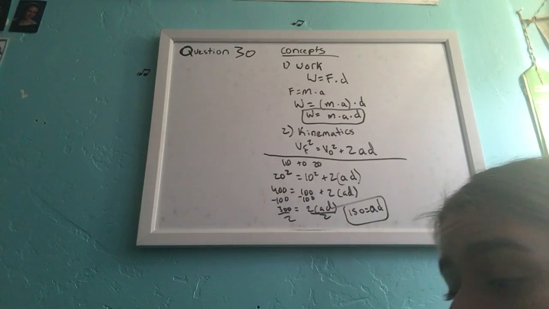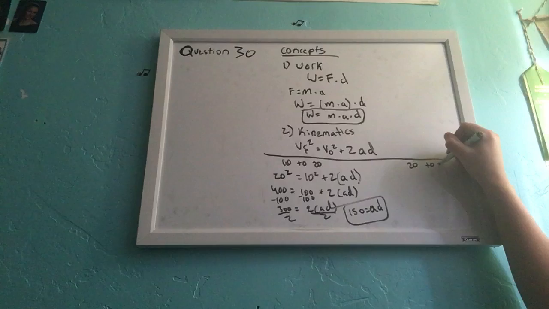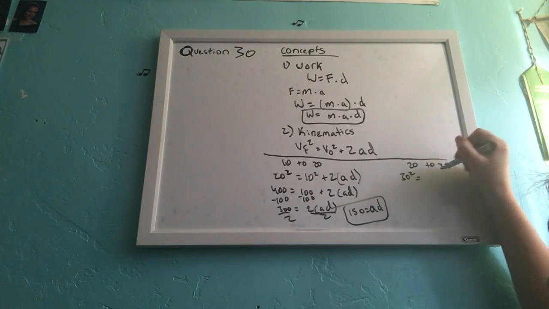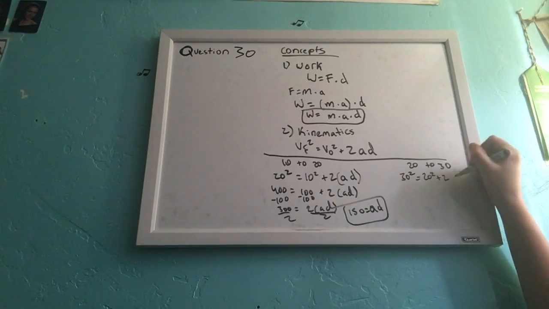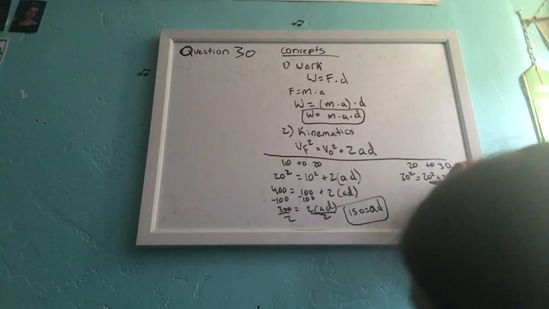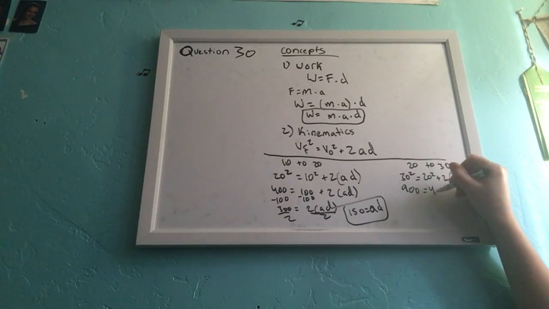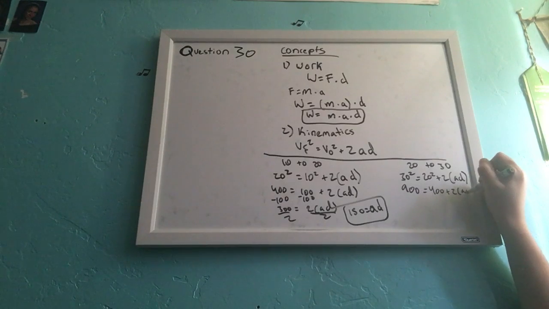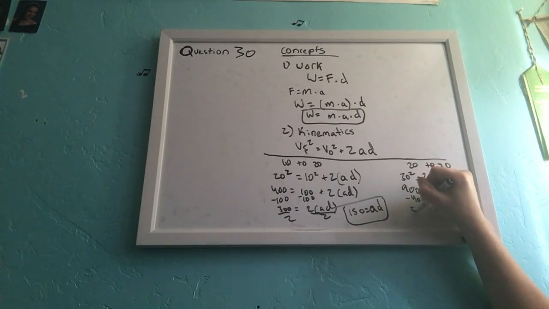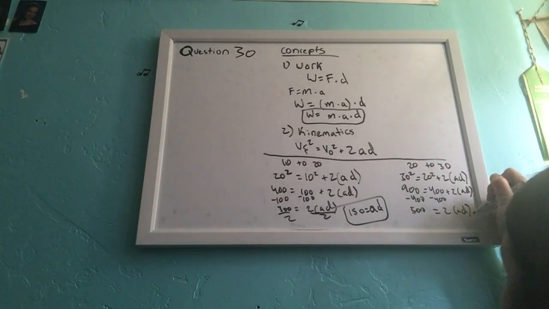Okay, so now I'm going to go from 20 to 30. I can plug everything in. 30 squared equals 20 squared plus 2AD, and AD is what I'm solving for, because it's the work. So 30 squared is 900 equals 400 plus 2AD. I subtract, and I get 500 is equal to 2AD.